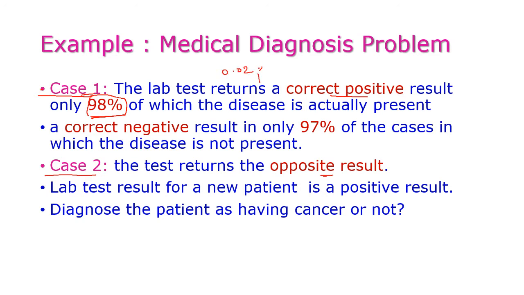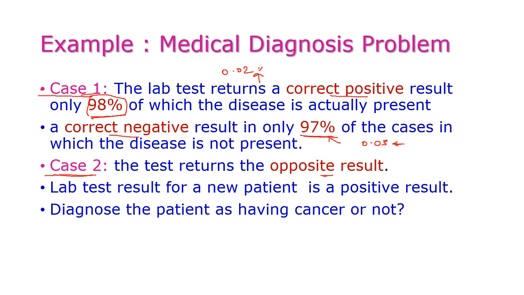And correct negative result only for 97%. That is, if the patient does not have cancer, then the lab produces 97% negative result, the correct negative result, and 0.03 positive result if the patient does not have cancer.